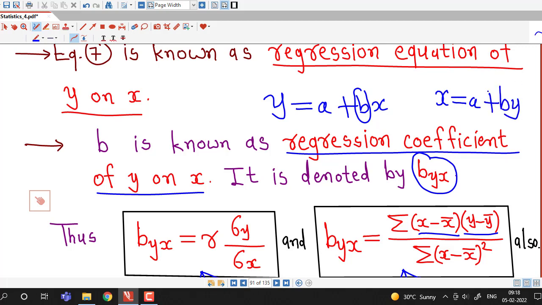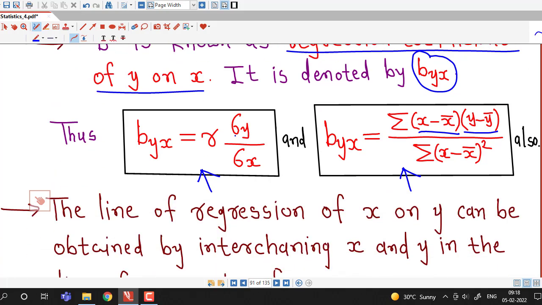So for that we have the same procedure. But we will not derive all these things. For the line of regression of x on y, we have to just interchange x and y in all these formulas. Suppose we want to write down the formula for the line of regression of x on y, then we will interchange x by y and y by x in all these formulas.